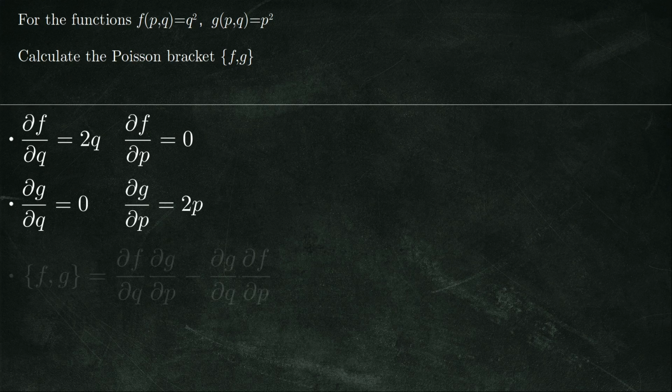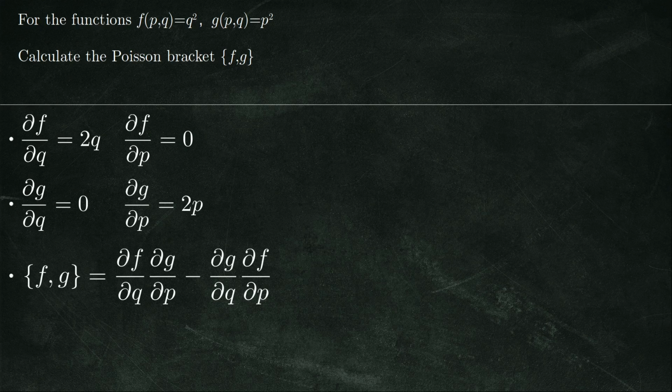We now have the definition of the Poisson bracket, and because there's only one q and one p, we don't have the sum over all the different coordinates, since there's only one. And then we substitute in for all of these partial derivatives, and we get 4qp.